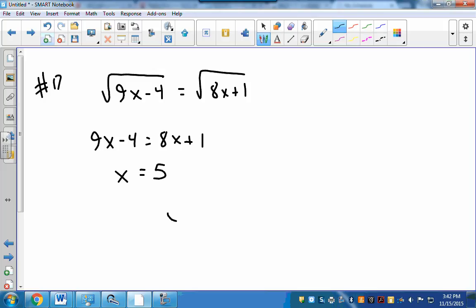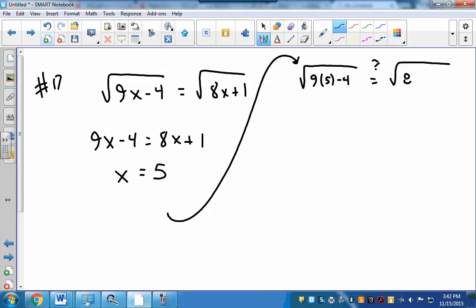Now for the check. Remember, you have to check. So square root of 9 times 5 minus 4 is supposed to be, question mark, the square root of 8 times 5 plus 1. Well, this is the square root of 45. Take away 4, which is the square root of 49.